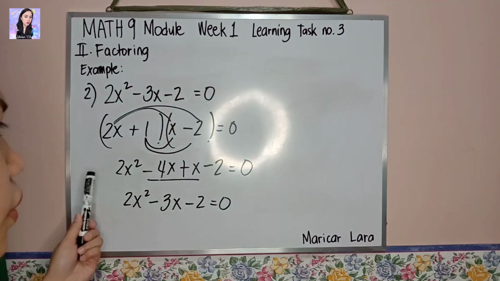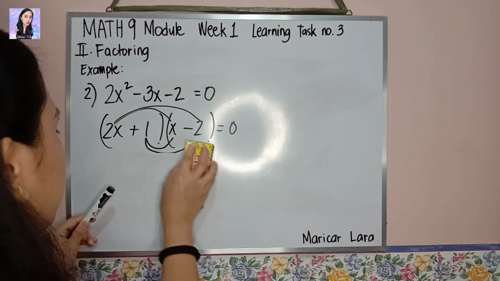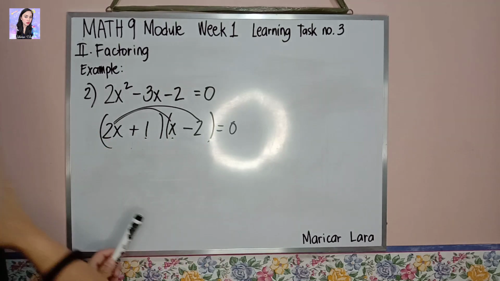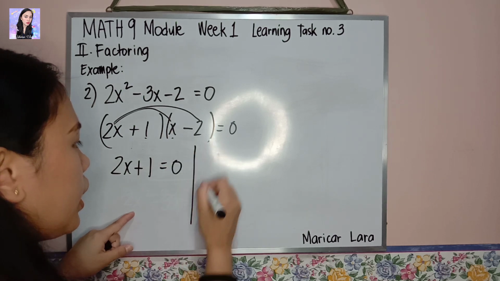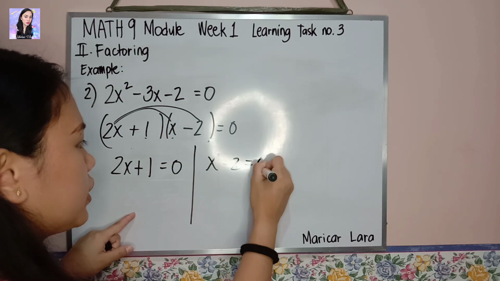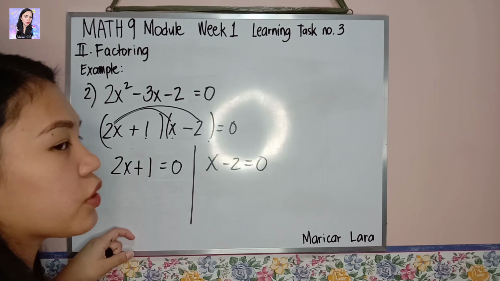So ang susunod natin gagawin ay equate to 0. So we have 2x plus 1 equals 0 and x minus 2 equals 0. So APE lang ulit, lipat lang sa kabila yung constant.